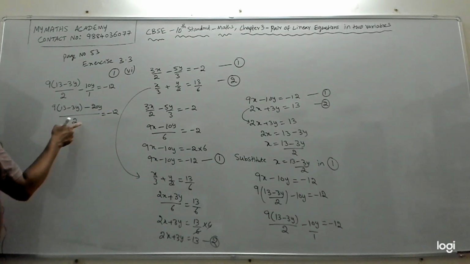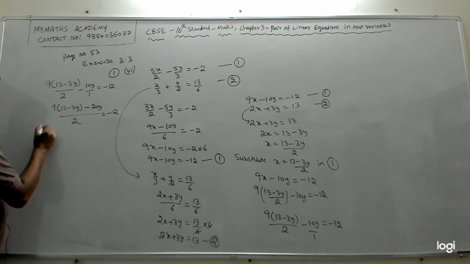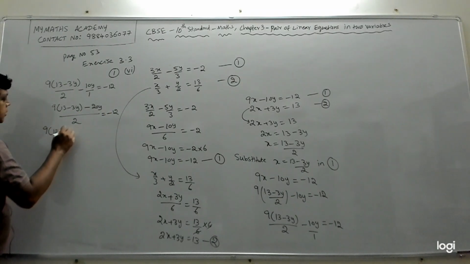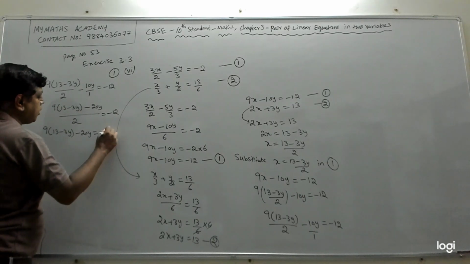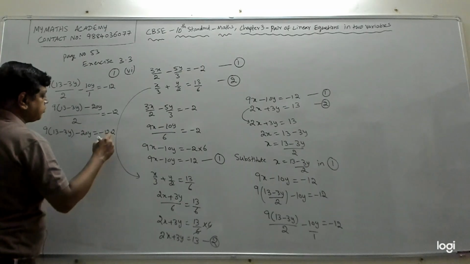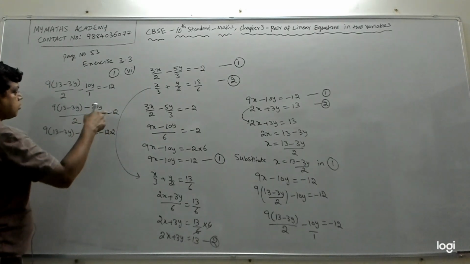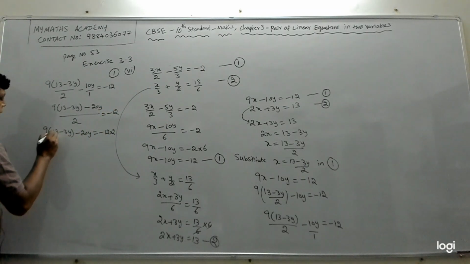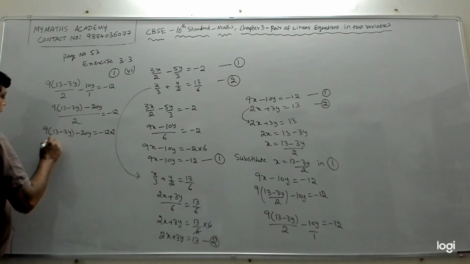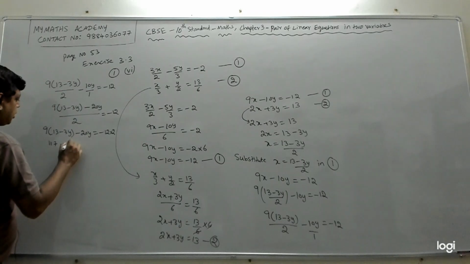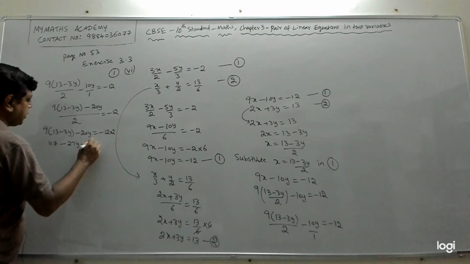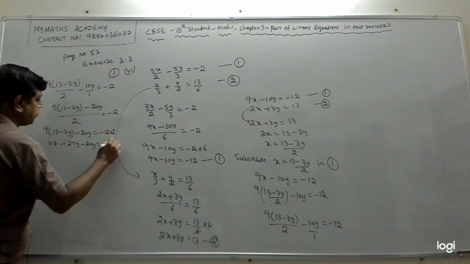Now this 2 will go this side. So we'll get 9 times 13 minus 3y minus 20y equal to minus 12 into 2. So we'll get 9 times 13 is 117, minus 9 times 3 is 27y, minus 20y equal to minus 24.